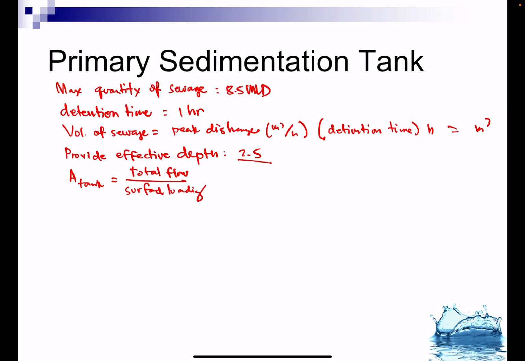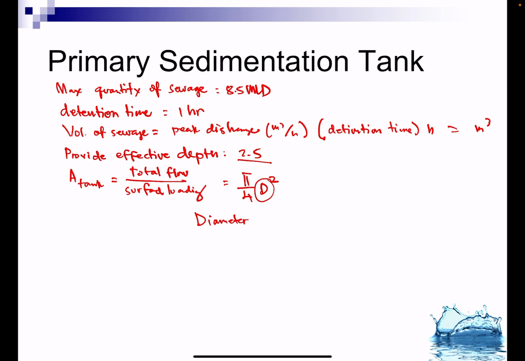Earlier it was just 8.5 MLD, so that's around 8,500 divided by, if the detention period is 1 hour, the surface loading, you have 60. And the area of the surface of the tank is, of course, circular, pi over 4 D squared. Once you know the area, you could now get the diameter of the tank.